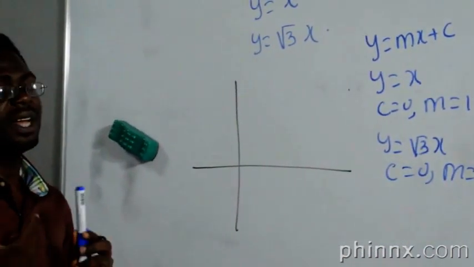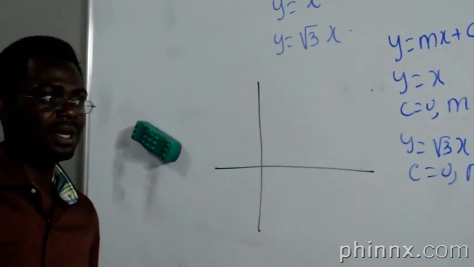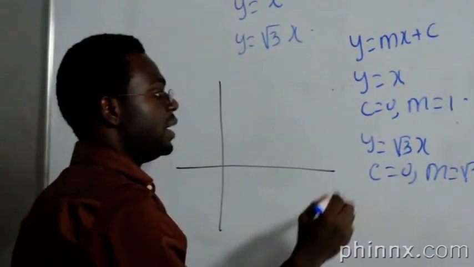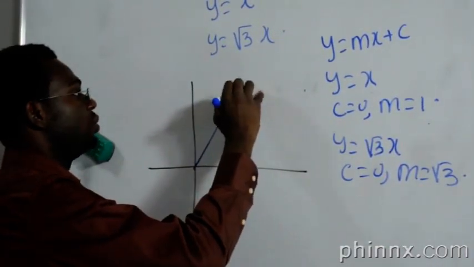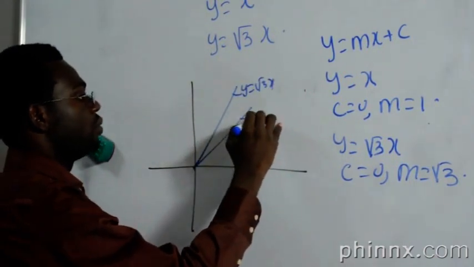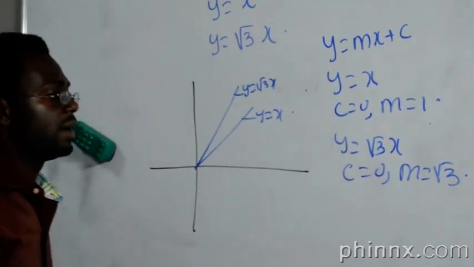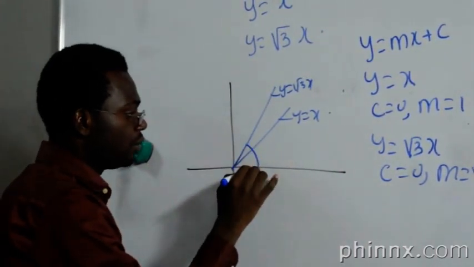Now, we just said that the slope or gradient of a line, m, is equal to the tangent of the angle the line makes with the x-axis. Let's sketch these lines: y equals root 3x and y equals x. The angle between them is what?